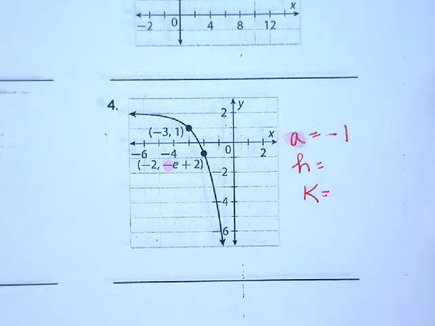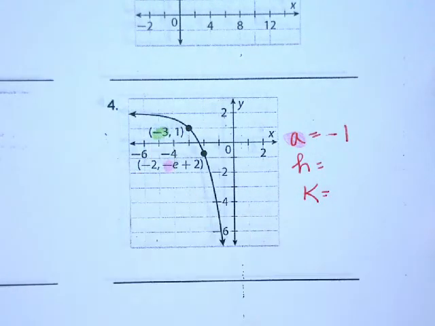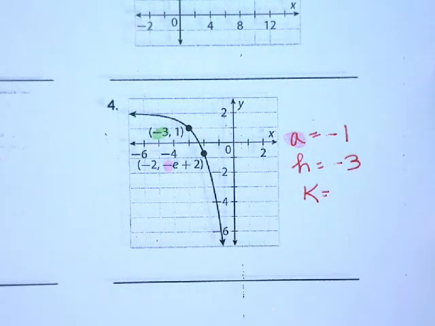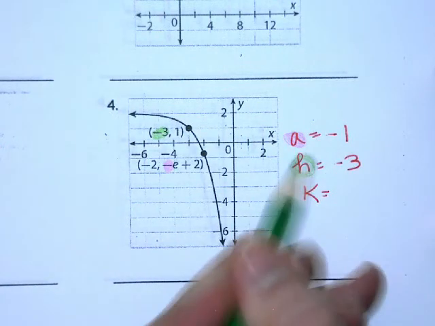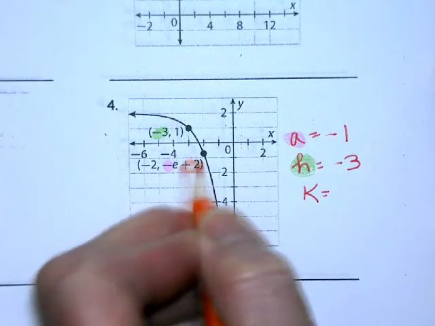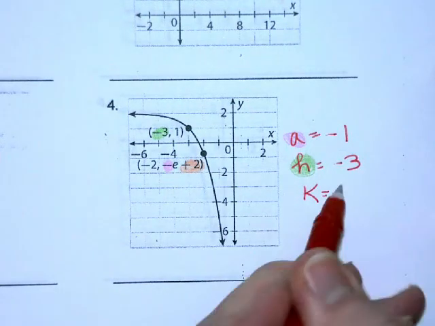And those are just the numbers on the number line. h, we look up into the first reference point. Here, it is what it is. And then k is what's being added to e, guys. It's that simple. Simple, simple, simple.